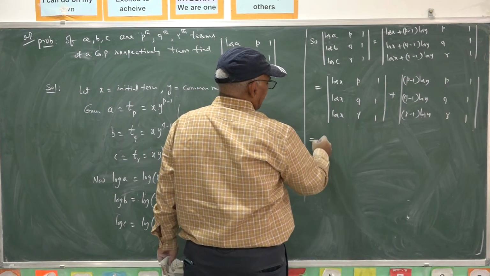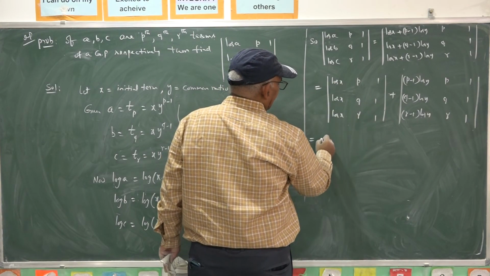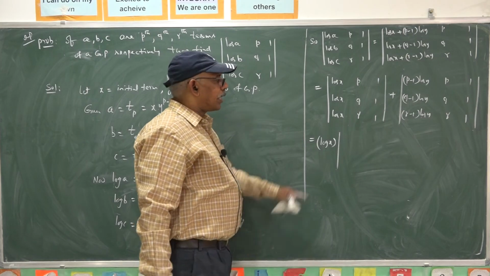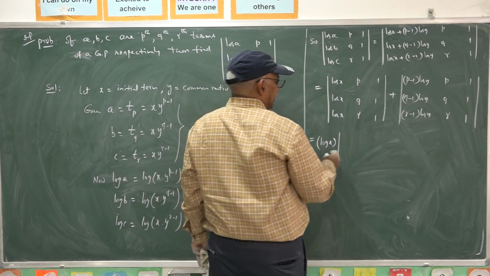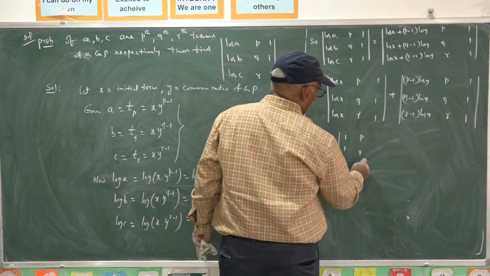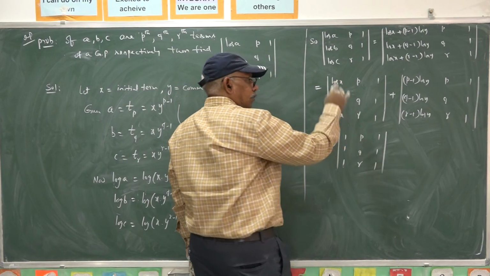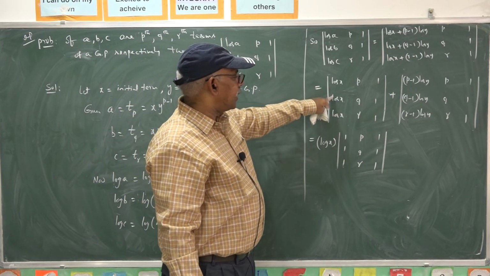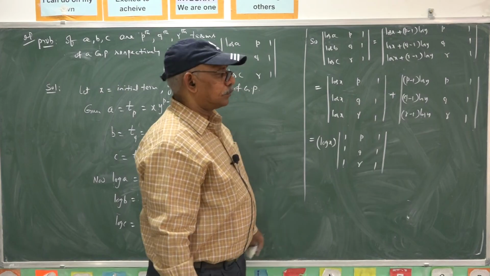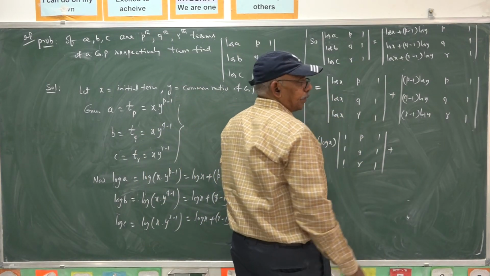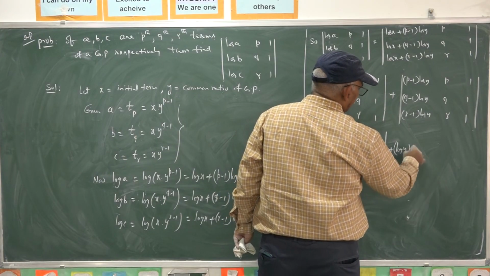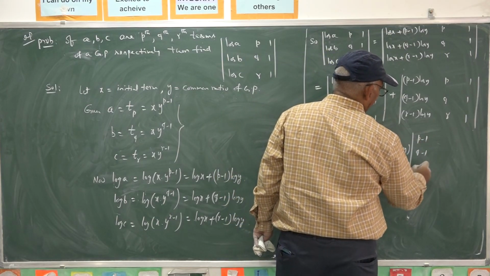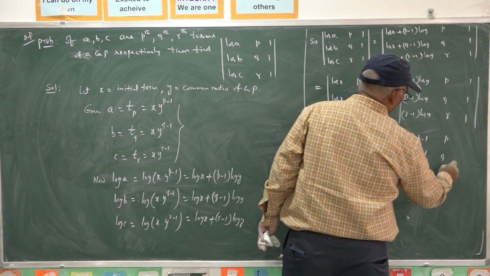Now, to evaluate the first determinant, taking log X common from the first column, you get log X into 1, 1, 1, p, q, r, 1, 1, 1, because all the elements have the common value log X. Similarly here, you can take log Y common from the first column, and you get p minus 1, q minus 1, r minus 1, p, q, r, 1, 1, 1.